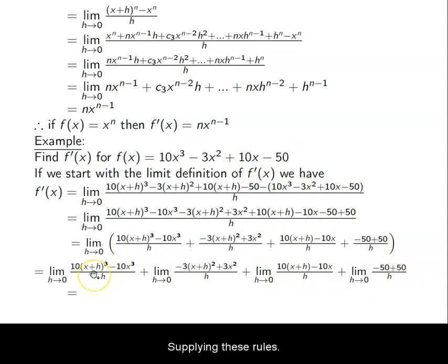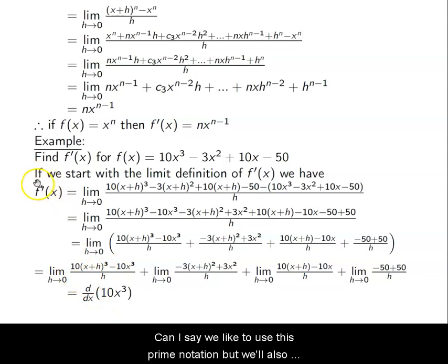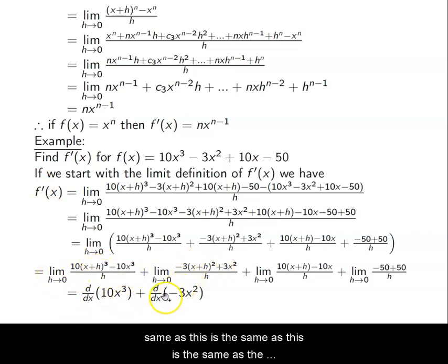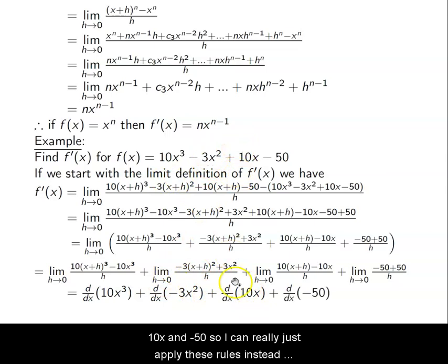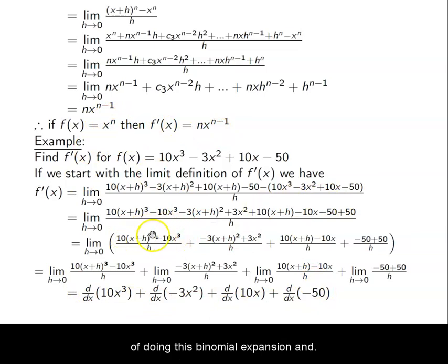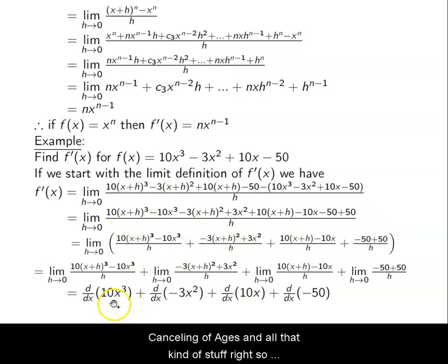So applying these rules, okay, again, remember I said we like to use this prime notation, but we'll also use this Leibniz notation. So I have 10x cubed, because this limit is the same as the derivative of 10x cubed. This is the same as the derivative of negative 3x squared, of 10x, and of negative 50. So I can really just apply these rules instead of doing this binomial expansion and canceling out the h's and all that kind of stuff, right?